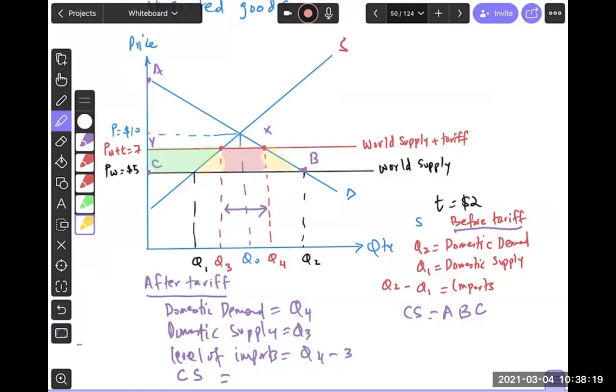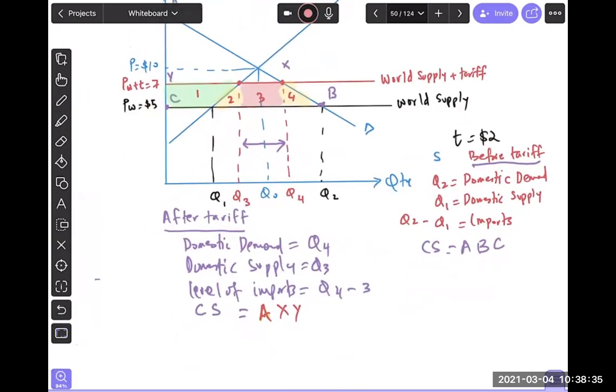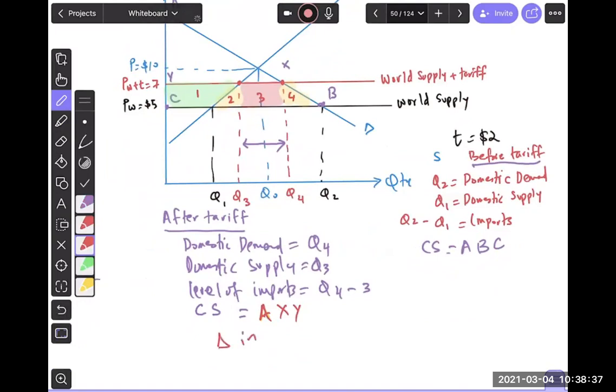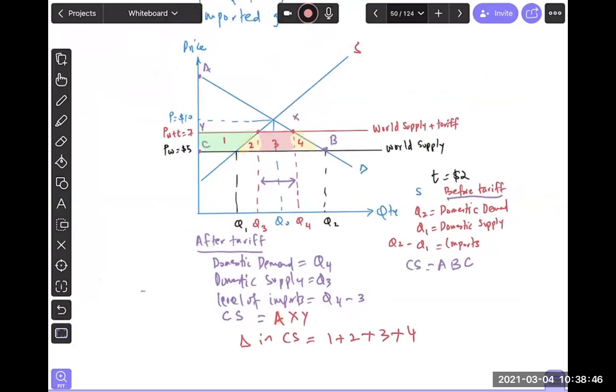My consumer surplus is going to be A, X, Y, or area 1, 2, 3, 4. The change in consumer surplus will be 1 plus 2 plus 3 plus 4. Isn't that true, guys? Consumer surplus is going to fall by 1 plus 2 plus 3 plus 4. Are you all with me?